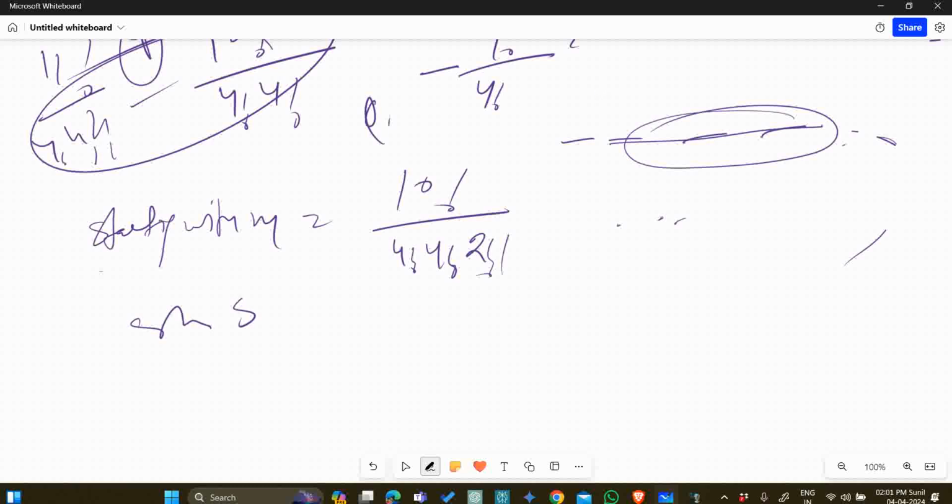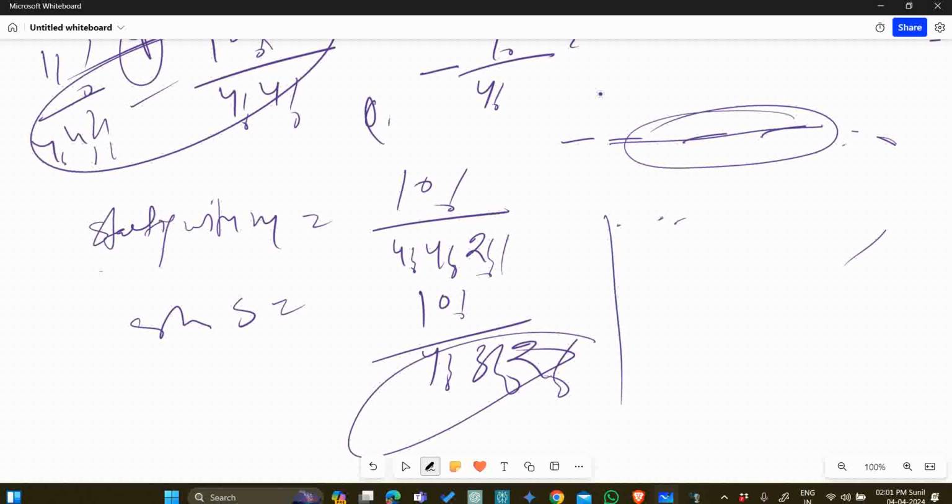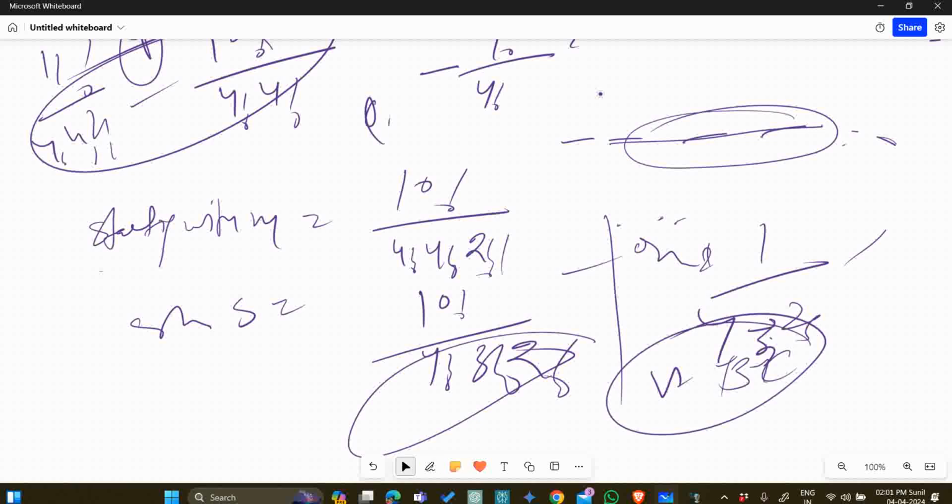Starting with S would be 10 factorial upon 4 factorial, 3 factorial and 2 factorial. And starting with I would be 10 factorial upon 4 factorial, 2 factorial, and so on. Add all these.